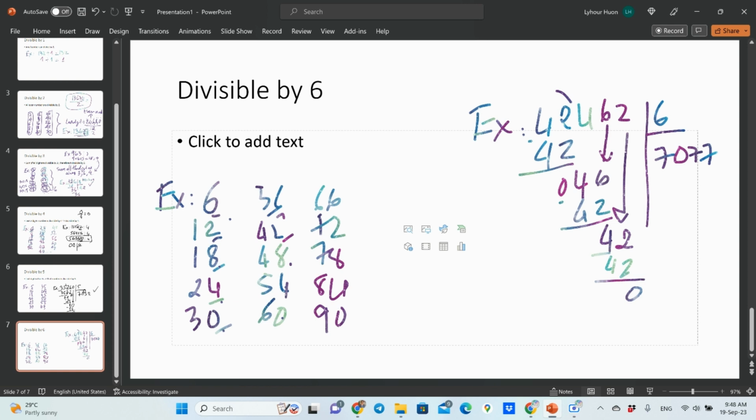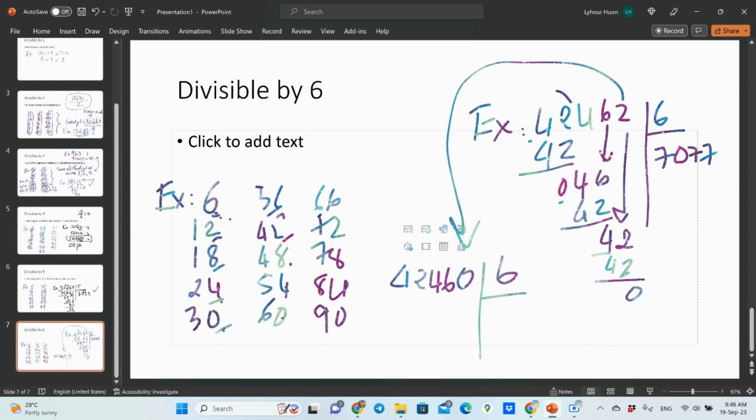But what if that number, which ends with 0, 6, 2, 8, 4, 0, what if we change the 2 to 0, will this be divisible by 6?